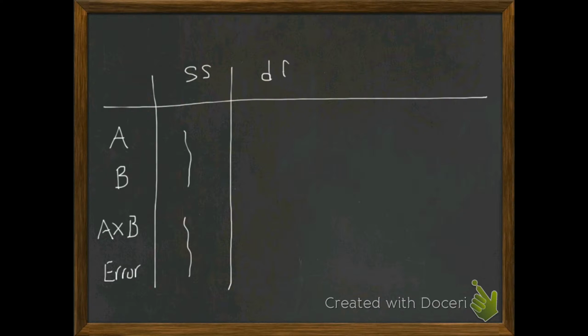Then we would divide by the degrees of freedom. The degrees of freedom for A is the factor levels minus 1. Let B be the factor levels for factor B, so that'd be B minus 1.